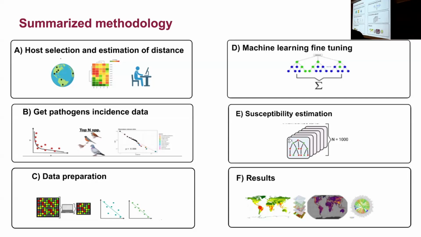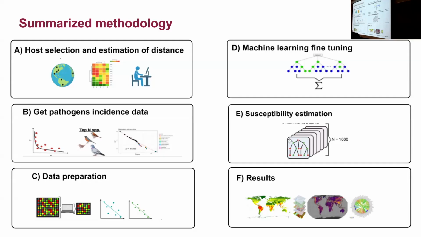We prepare the data and put it in the machine. For this specific problem, I use an algorithm called random forest, but you can use more than that. And at the end, you get a susceptibility estimation, given by the machine learning, that a host could potentially be at risk for a particular system, like hantavirus or other system, for example, for rodents, or COVID for bats, or any system like that.